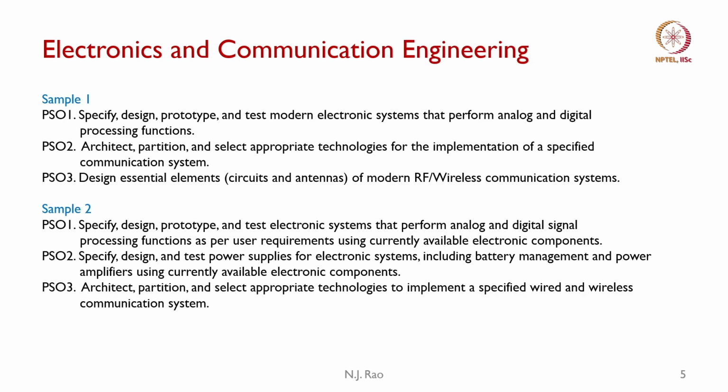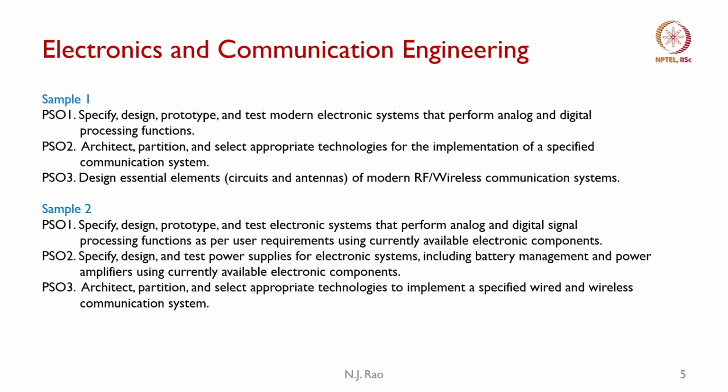Now, PSOs for any branch of engineering, any program, need not be identical. Each department can choose where it wants to specialize, where it wants to give more emphasis. So PSOs should reflect that. Here we are giving two samples.